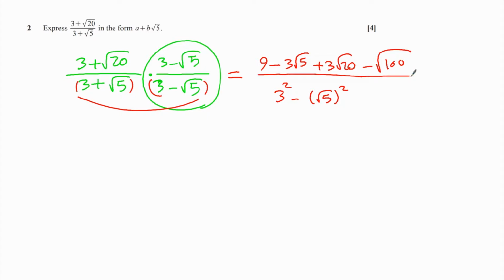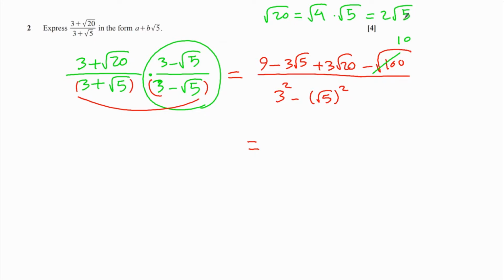If I simplify this a bit further, the square root of 100 is 10. So I will have 9 minus 10. And what about this square root of 20? How can I simplify that? Square root of 20 equals square root of 4 times square root of 5, which is equal to 2 square root of 5.